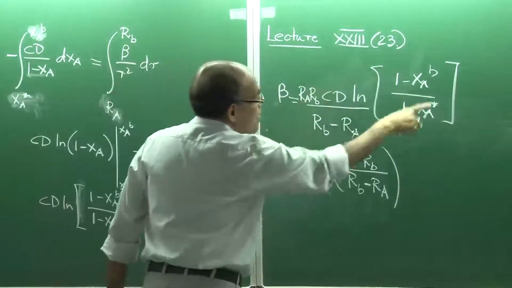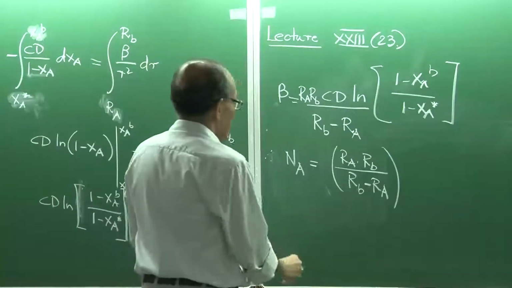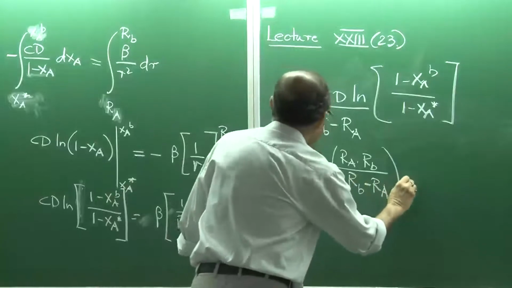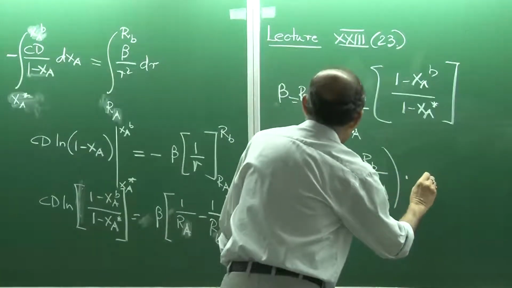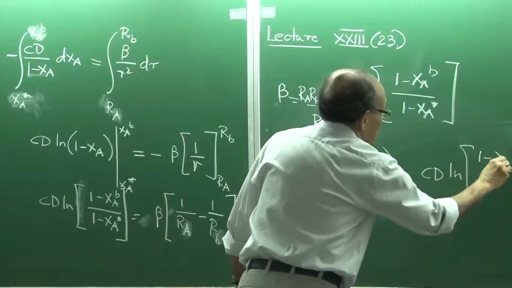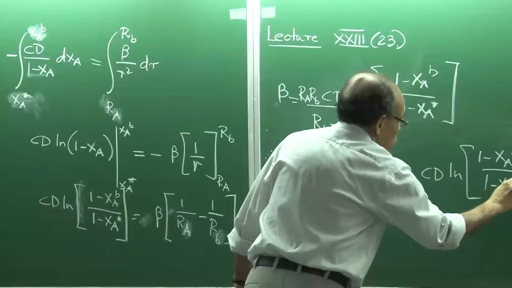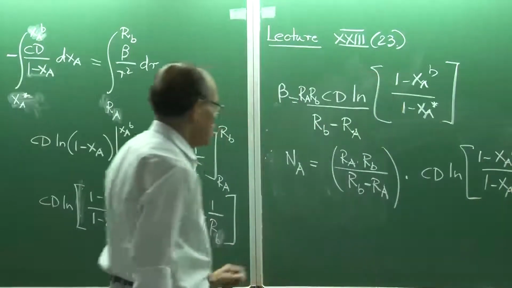So all the parameters appearing here are actually constant. Okay? And then we have this multiplied by C D into ln(1 minus x_AB) minus (1 minus x_A star).